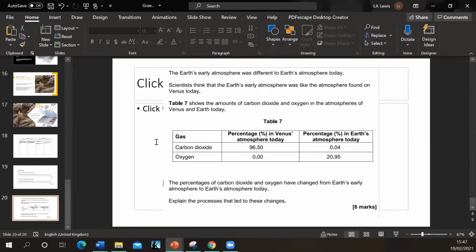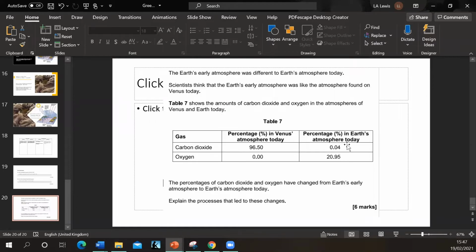Right. So let's have a look at this question. The Earth's early atmosphere was different to the Earth's atmosphere today. Scientists think the Earth's early atmosphere was like the atmosphere found on Venus today. Table 7 shows the amounts of carbon dioxide and oxygen in the atmosphere of Venus and Earth today. Carbon dioxide: 96.5 percent in Venus's atmosphere, 0.04 in Earth's.